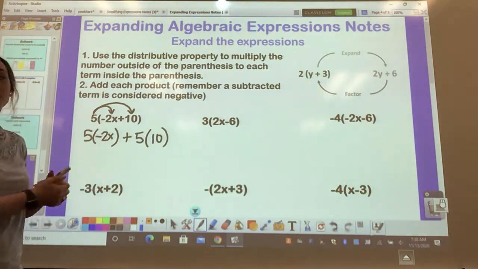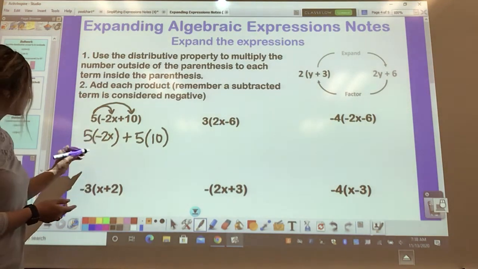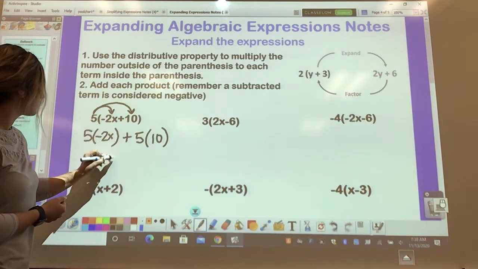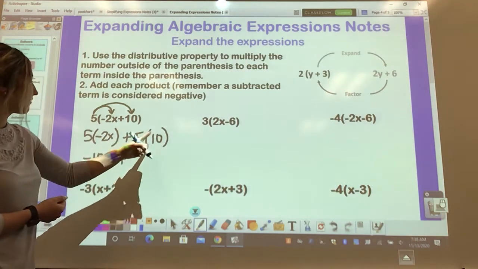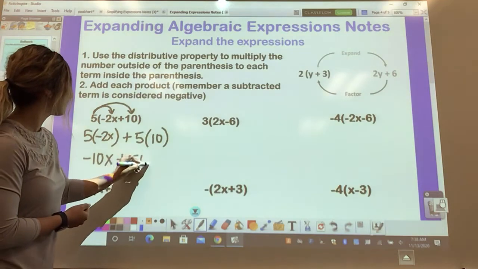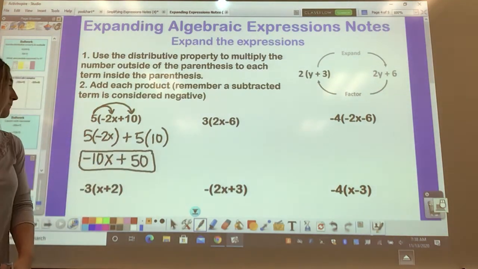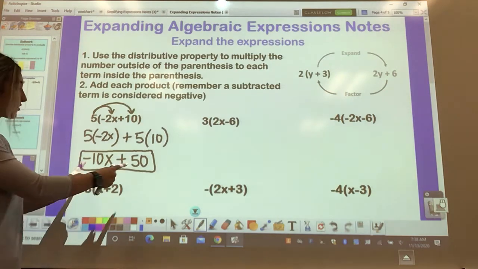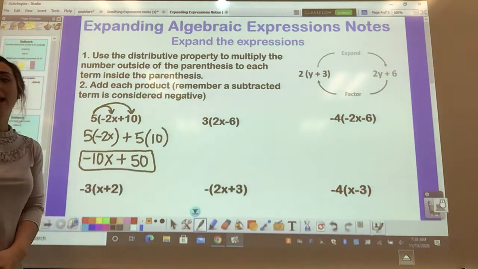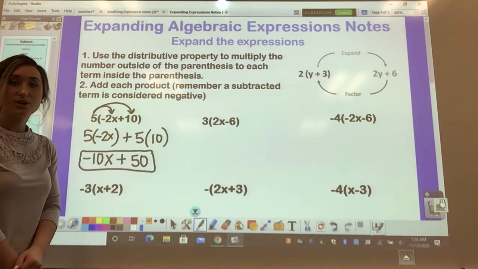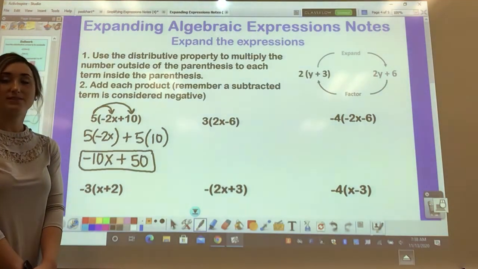Okay, then we multiply each of those. 5 times negative 2x is negative 10x, and 5 times 10 is 50. And that's really all you can do. These aren't like terms, so I can't add those together. Our final answer would just be negative 10x plus 50.